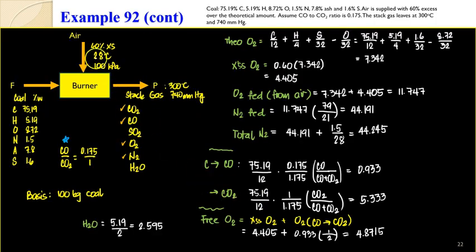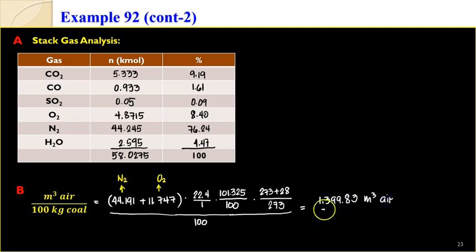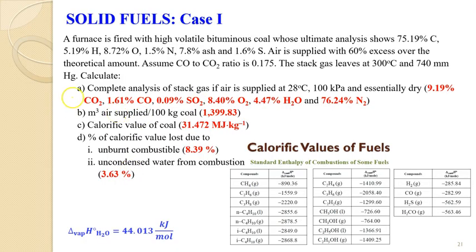And then you're given a temperature of 28 degrees Celsius, so that's 273 plus 28, all over 100 kilograms of coal, which is our basis. Solving all of these, this one would give us 1399.83 cubic meters of air per 100 kilograms of coal. So this is your final answer.